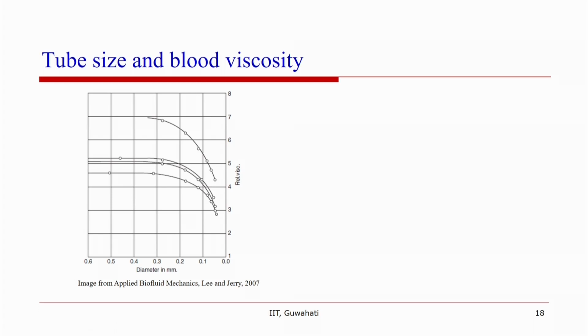Okay. Another important effect which is seen in the rheology of blood is the effect of the size of the channel. As you can see from this graph, the relative viscosity, again the viscosity of blood with respect to the viscosity of the plasma, decreases with decrease in diameter, and this behavior is observed only below a certain channel diameter.